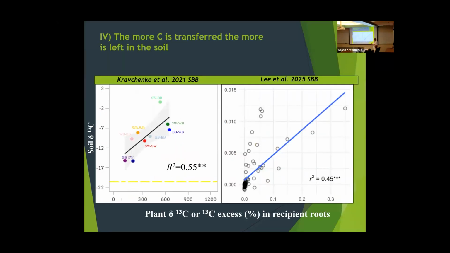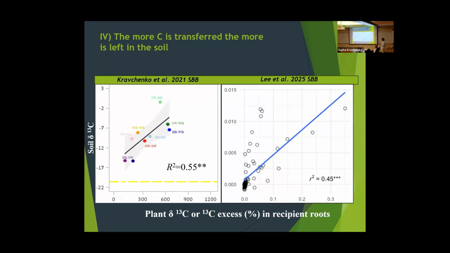Okay, so of course, where all this leads us as far as soil carbon goes, and that was very consistent with our hypothesis, the more carbon was transferred from one plant to another, the more of that plant-originated carbon was found in the soil.